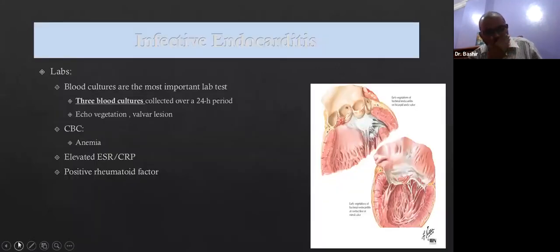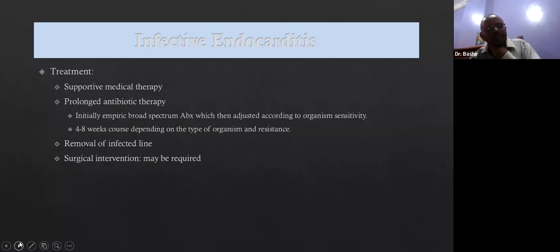Also, the labs: you have to do blood culture. As we said, three blood cultures collected over a 24-hour period. Echo shows vegetation or valvular lesion. CBC will show anemia, ESR and CRP high, and positive rheumatoid factor, as we said. Treatment: first you have to give supportive care because the child is very ill, and then antibiotics.